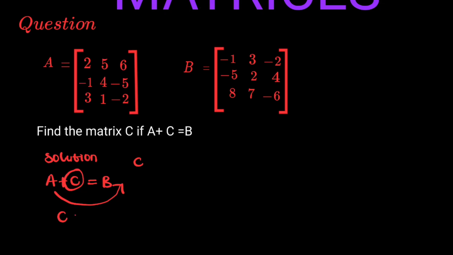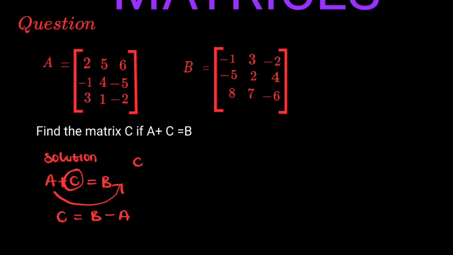So we are going to have C equal to B minus A. That is basically all, because here we are just finding C. We have to make C the subject of the formula, we have to solve for C. That is why we are sending A the other way, and the sign changes to minus. So C is B minus A.